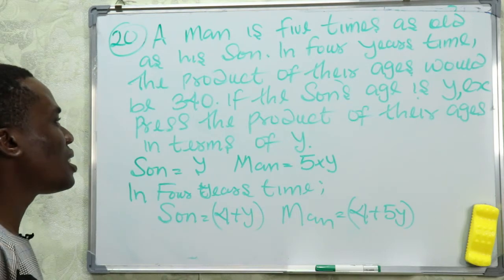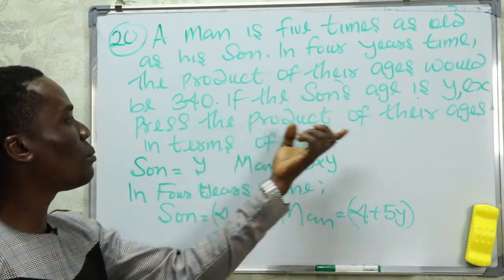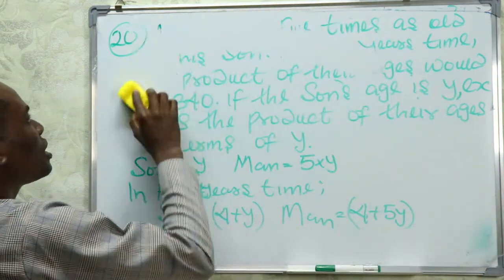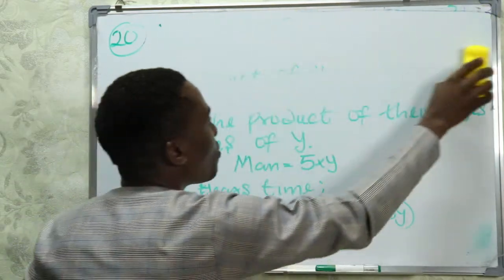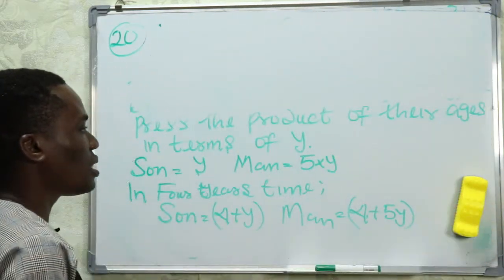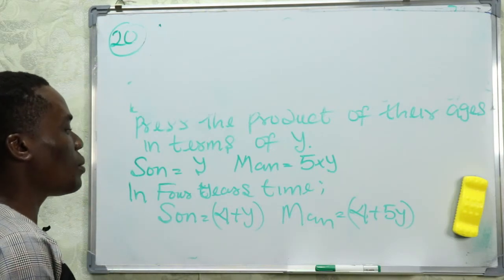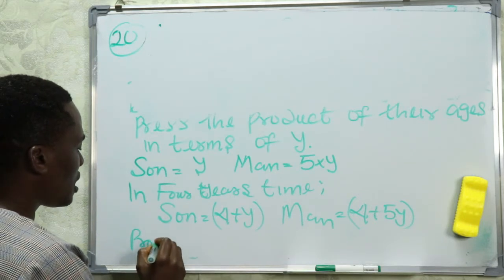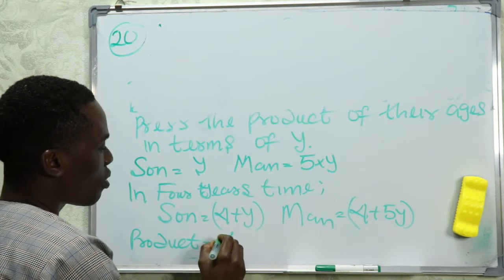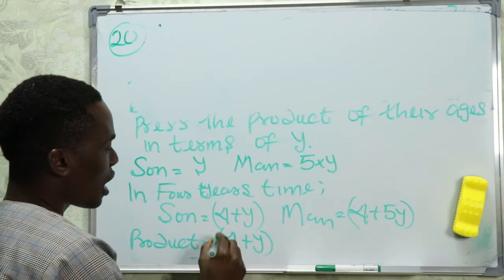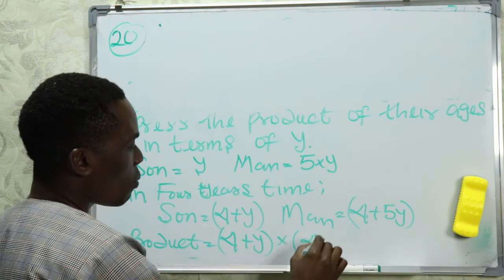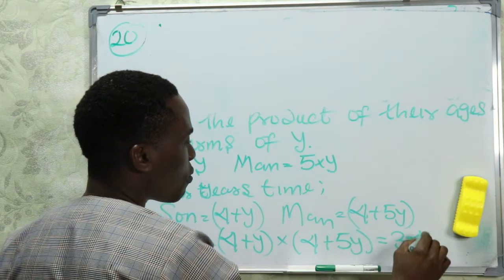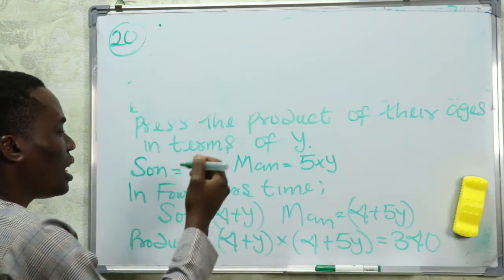Now the product, they say we should express the product of their ages in terms of y. That in 4 years time, the product of their ages will be equal to 340. So the product of their ages will be 4 plus y multiplied by 4 plus 5y, both of them equal to 340.